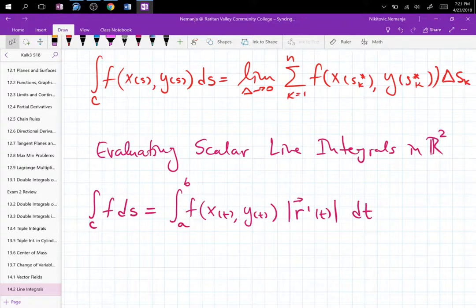And if you want the full expanded version of this, then you just write this as the square root.